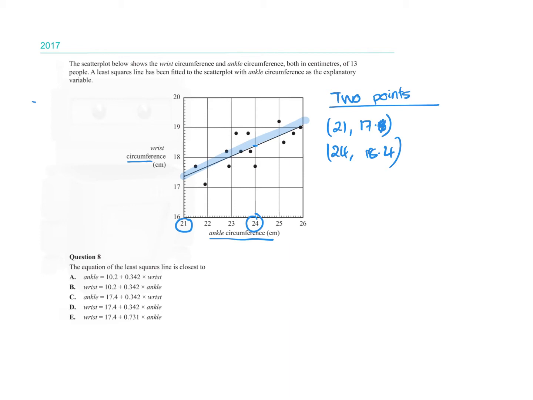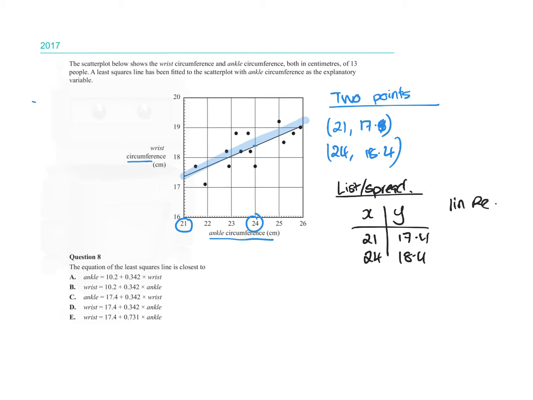That's fine. So what I said to do is in your List & Spreadsheet, we're going to pop in a little mini X and Y list. So X is 21, Y is 17.4, X is 24, 18.4, and then you just do a LinReg and you get the A plus B X form, and then you'll find out what A equals and what B equals.